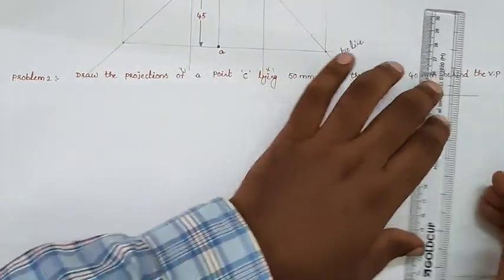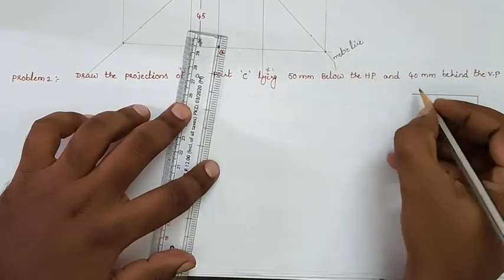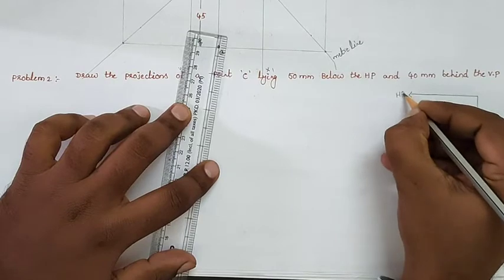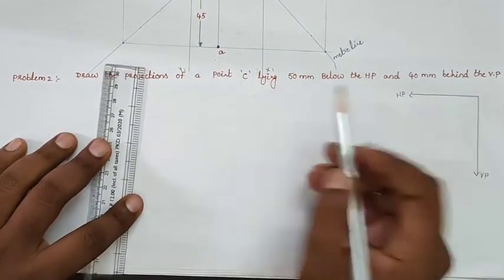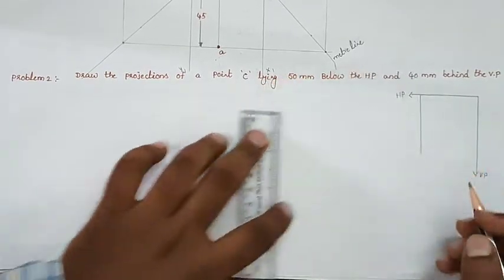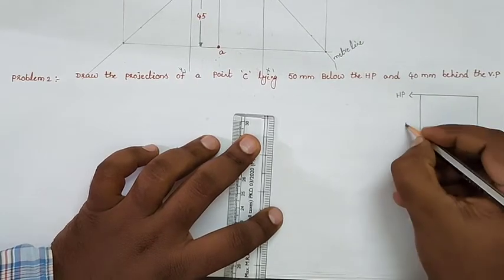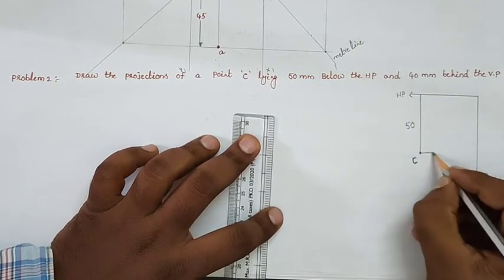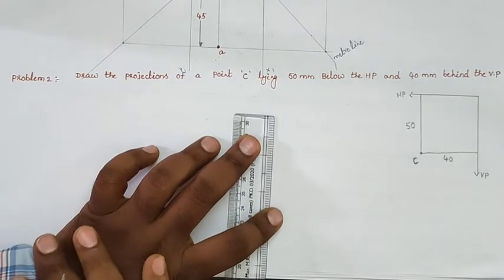Draw the rough diagram of the third angle projection. In third angle projection, this one we can call the horizontal plane and this is the vertical plane. They are giving that point C is 50 mm below HP. So this is point C, this is 50, and this dimension they are also giving, 40 mm behind the VP.